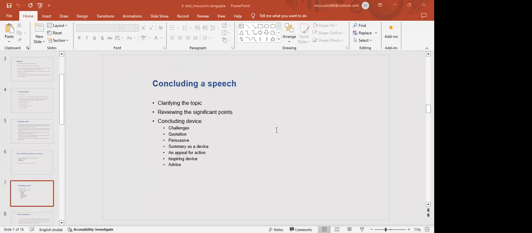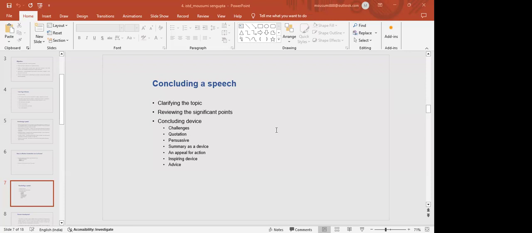After this, the next point is the conclusion of a speech, or concluding a training session or any presentation. There, once again, we have to make it very clear what we intended to do, and then the significant points we have already covered during the presentation need to be mentioned. And when we are concluding, there are several ways of having a powerful conclusion.